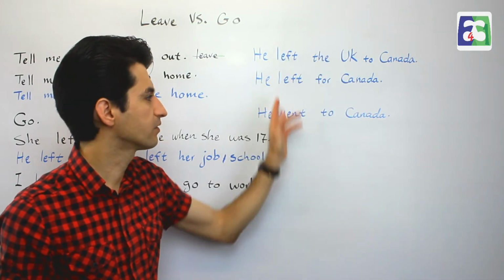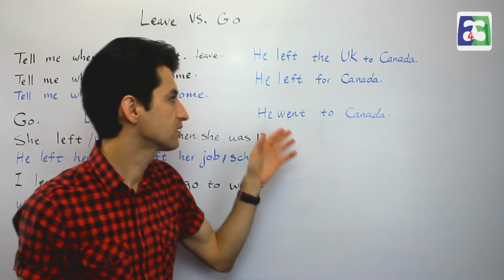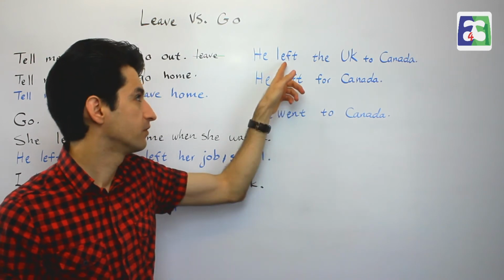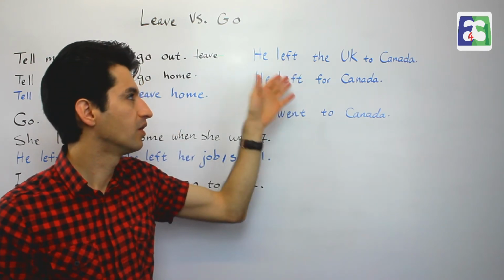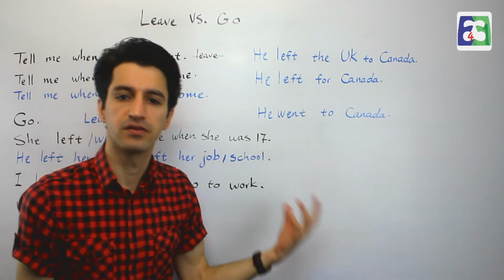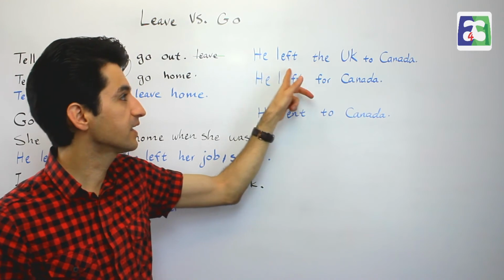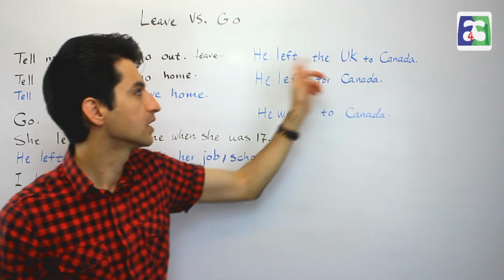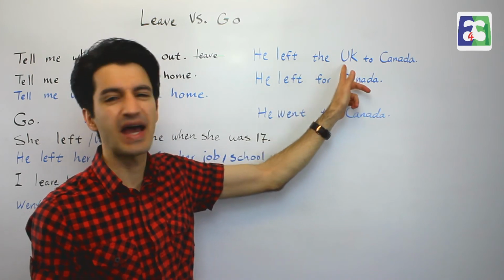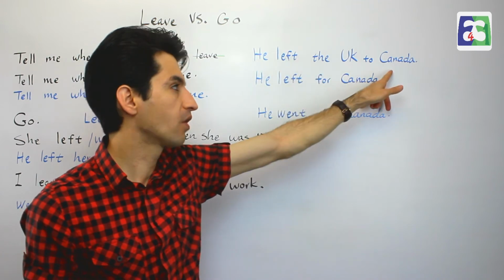Now over here I've got left and went as my verbs, and again past tense, just to show the focus of the verbs. Left is the focus on the place that we are, our current place. Went is focused on the destination. So when I say he left the UK to Canada, what has happened is that the person has gone out of the UK. Has the person arrived?